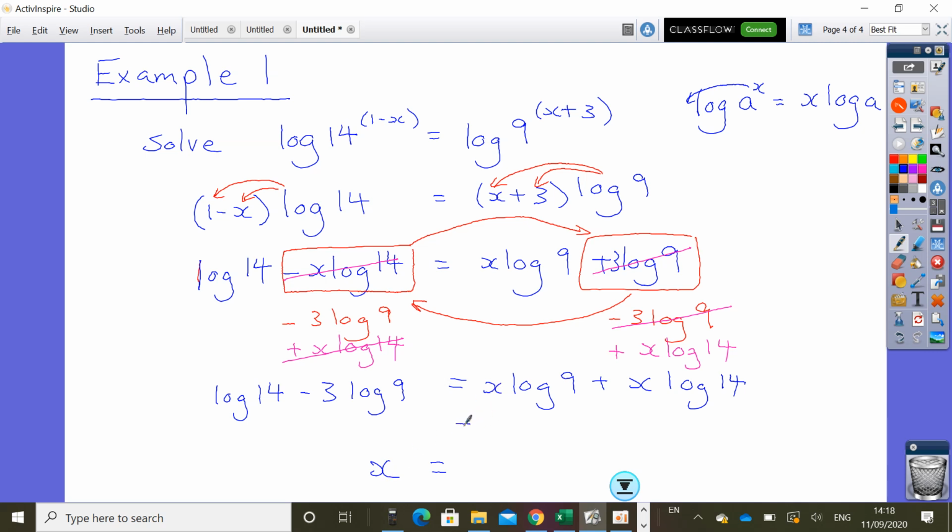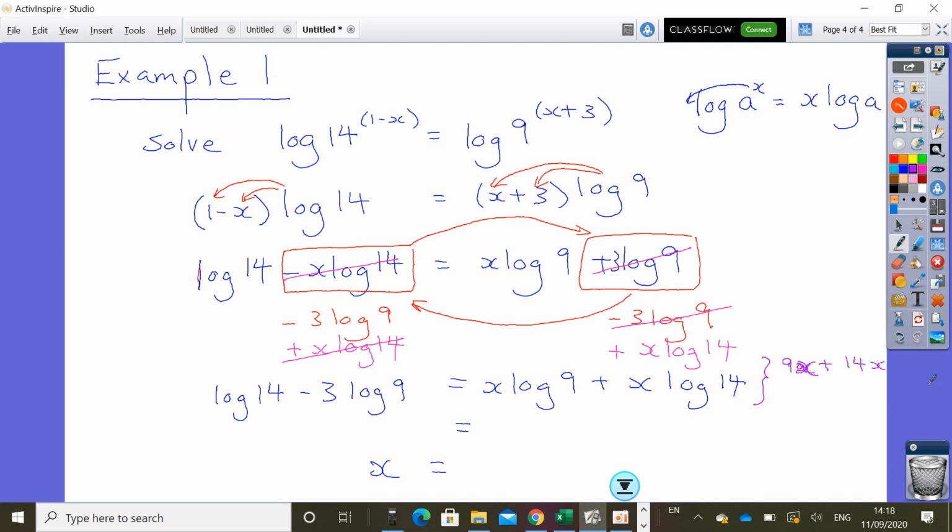Now, if you can't see this, possibly in lessons, maybe you've gone a bit rusty. So imagine you have 9x plus 14x.